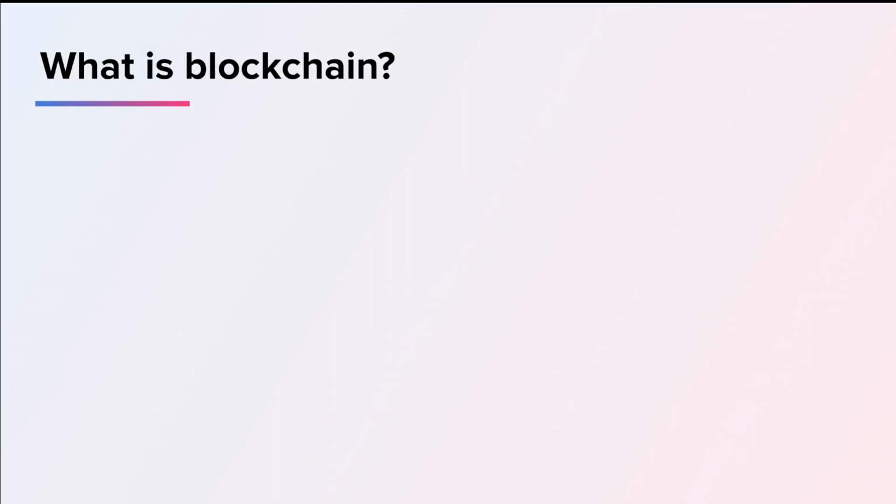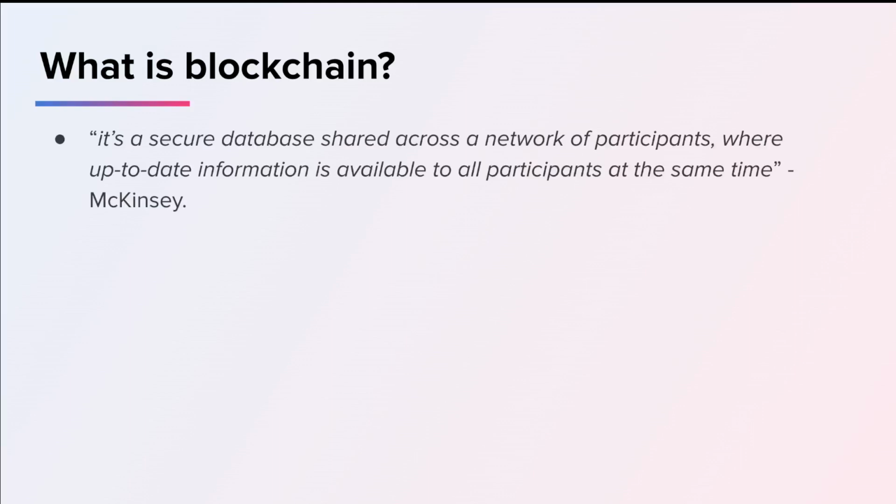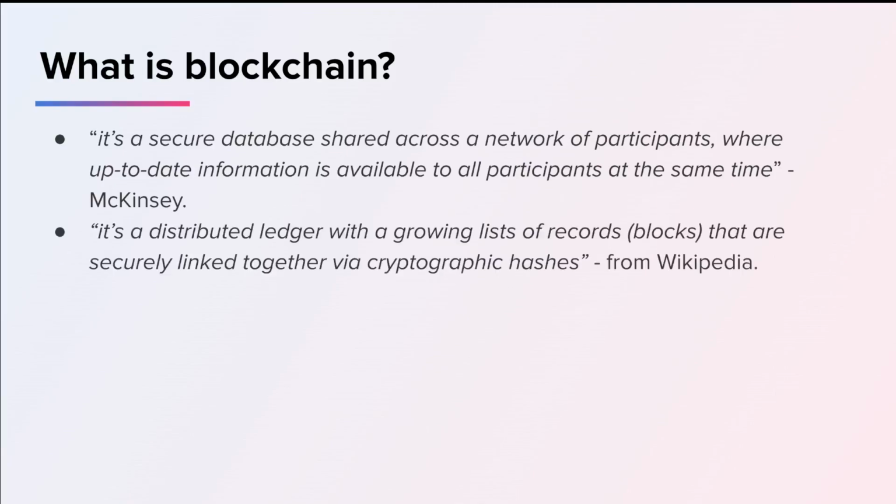Let's now take a look at what is blockchain. There are lots of definitions out there, such as it's a secure database shared across a network of participants where up-to-date information is available to all participants at the same time. This is from McKinsey. Wikipedia defines it as a distributed ledger with a growing list of records or blocks that are securely linked together via cryptographic hashes.